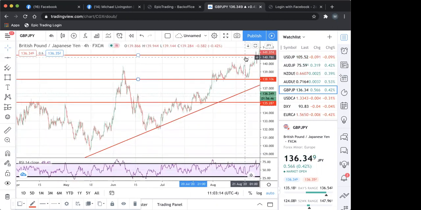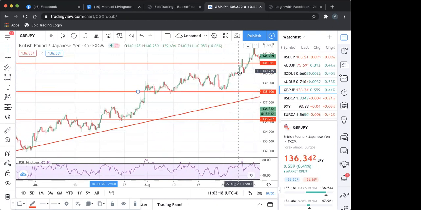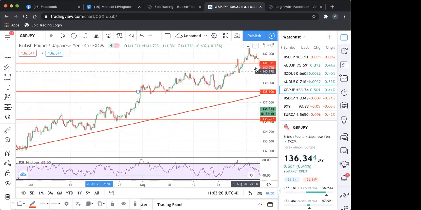Right here, price broke resistance, but I want to see it come back and see a green candle form on top of this red line to show me that this resistance is now a support. I want to see that this ceiling was broken and is now the new floor.